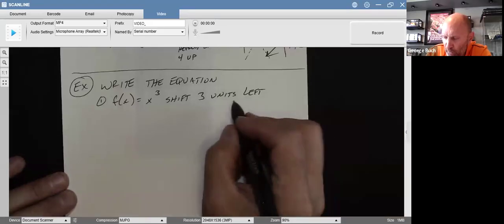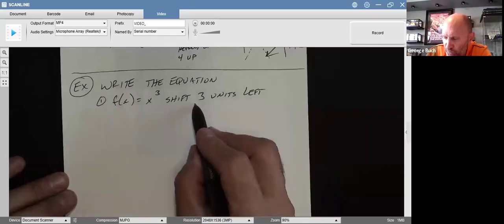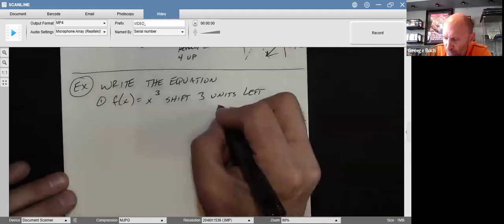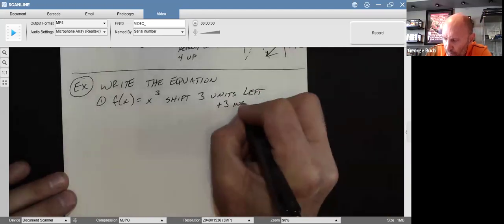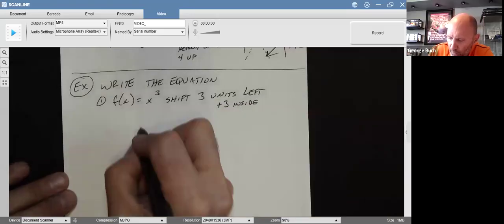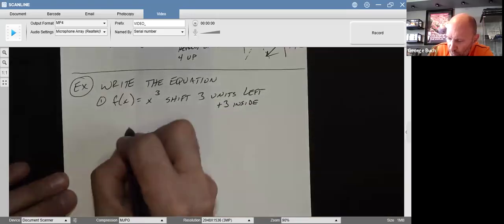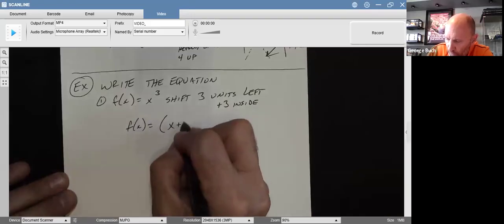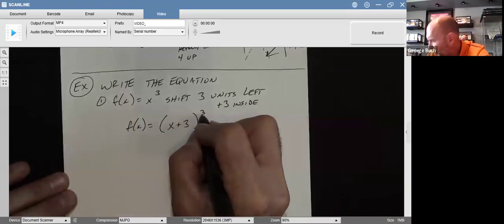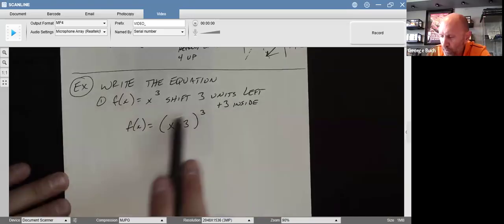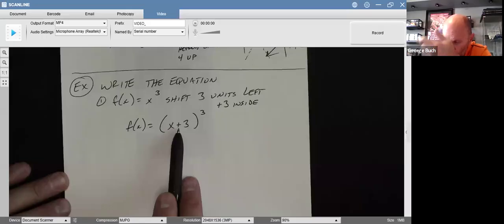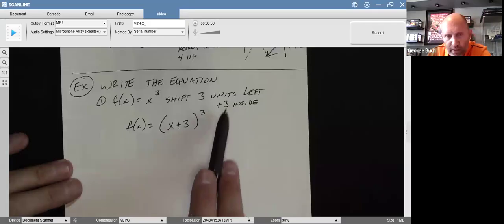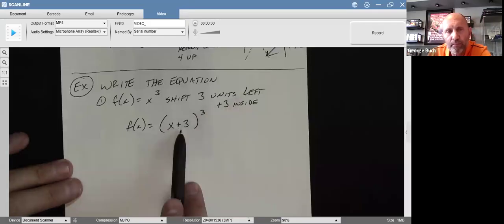How do we know by looking at an equation that something gets shifted 3 units to the left? Well, that means I'm going to have a plus 3 inside. So it's going to say f of x is equal to x plus 3, all to the third power. This is our cubic function, with plus 3 inside because it's the opposite of what we see for our horizontal shift. If it's going 3 units left, I need a plus 3 inside.